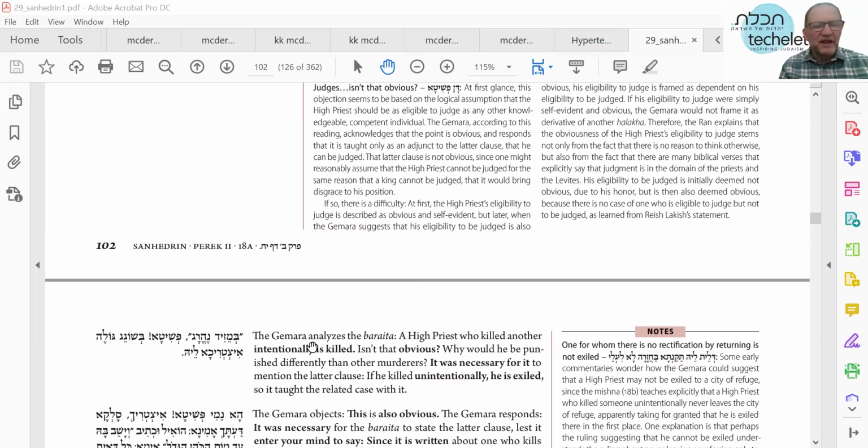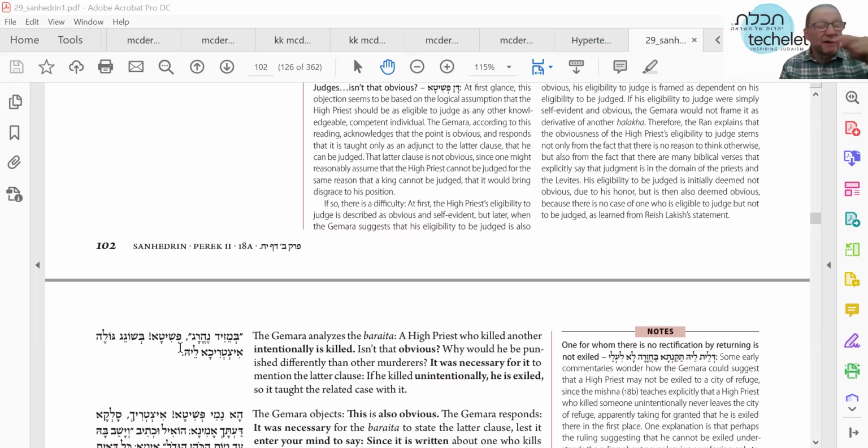Okay, so the Gemara now analyzes the baraita we've just said. B'mezid neherag, a high priest who kills somebody on purpose is put to death. That word again, pshita. That's obvious. Why do we need to be told that?